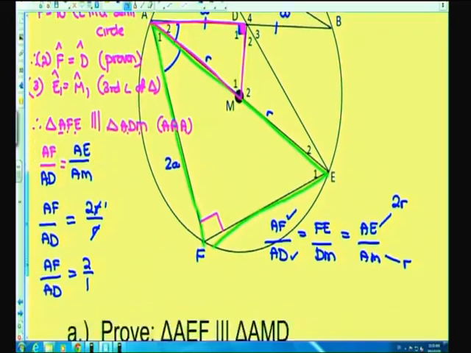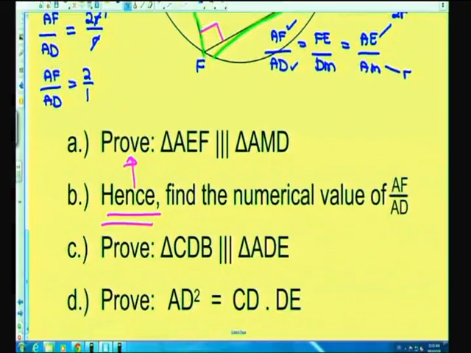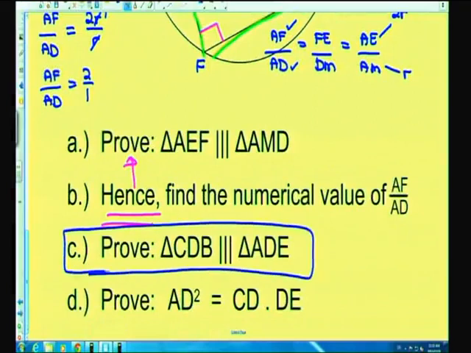Right, let's see what the next question asks. The next question asks me to prove this similarity. Now this is where you'll find it so useful if they've said you prove this similar to this, because in effect, I shouldn't use the word cheat, you can almost cheat your answer in the sense that you know that the order's right, so you know which angles must be equal, and all you've got to do is go looking for why that is.